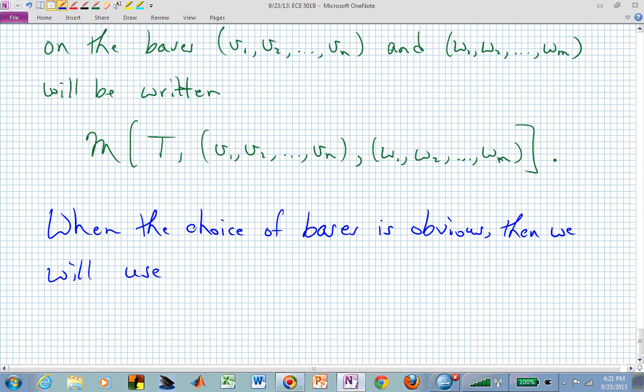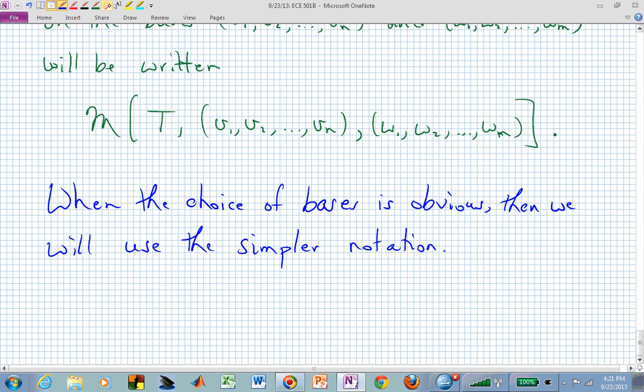We'll just call it script M of T. When the choice of basis is obvious, then we will use the simpler notation M of T.